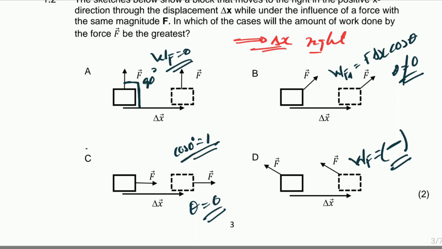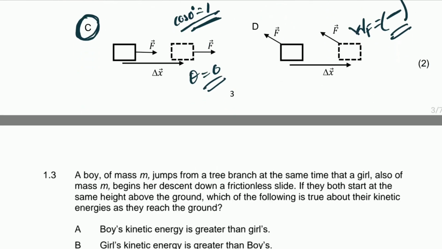So this C will give you the greatest work done by that force. That will be the correct answer, because cos of any angle that is different than 0 will be smaller than the cos of 0, which is 1. So I hope that one is clear. It's not that bad. Let's go to the next one.